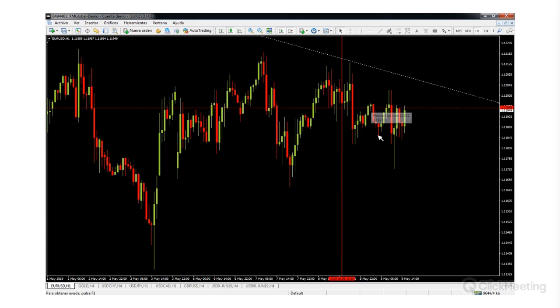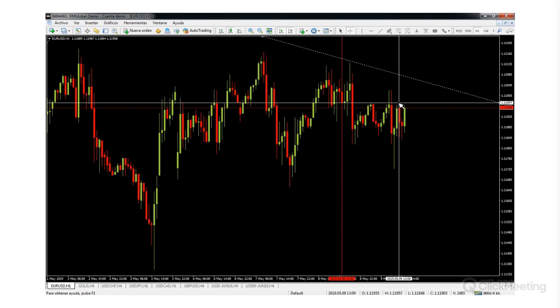But immediately we started to move inside of a range. When price moves this way, I not only use level stops, but I use time stops. So today we closed this short position on the euro US dollar with a 9 pip loss.